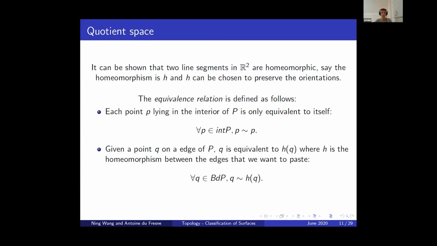So if we have two edges labeled A, we can paste them by an equivalence relation, and the homeomorphism that links those two edges will be the function H here. Yeah, I don't know if I'm clear enough, but yeah.